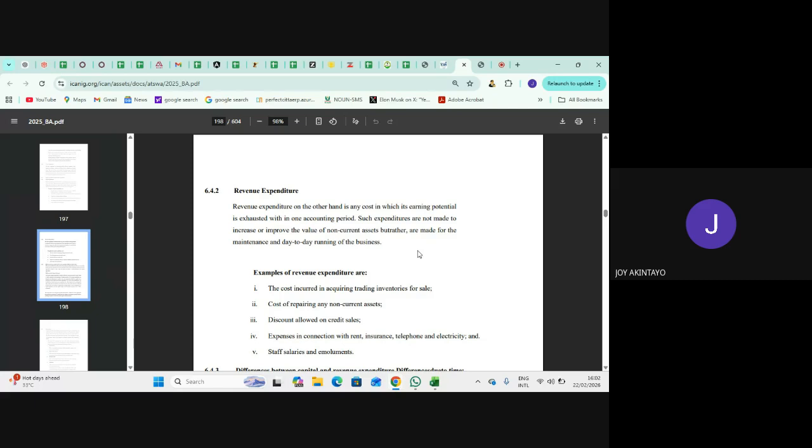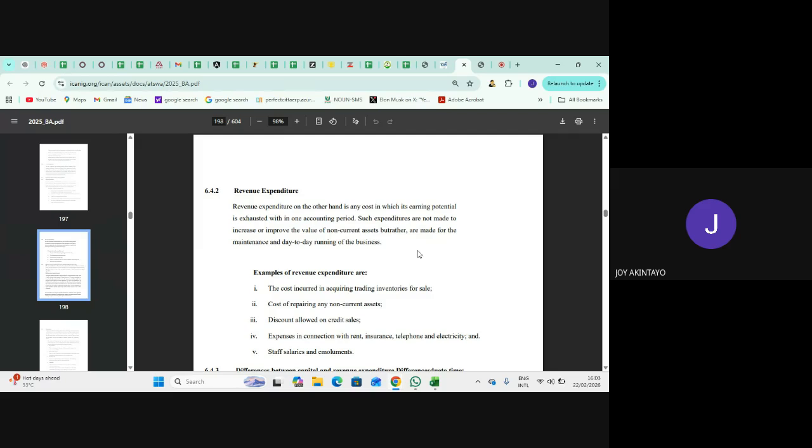When we incur any cost of repair, are we together? So any cost of repair will also be seen as a revenue expenditure.